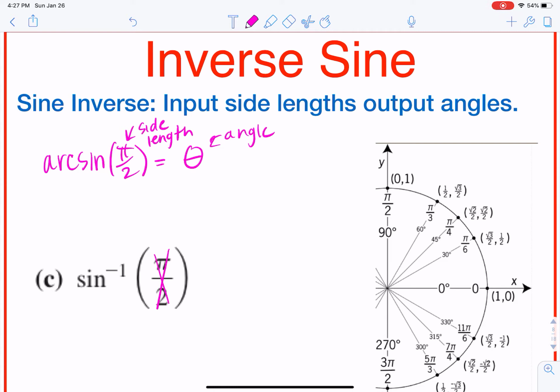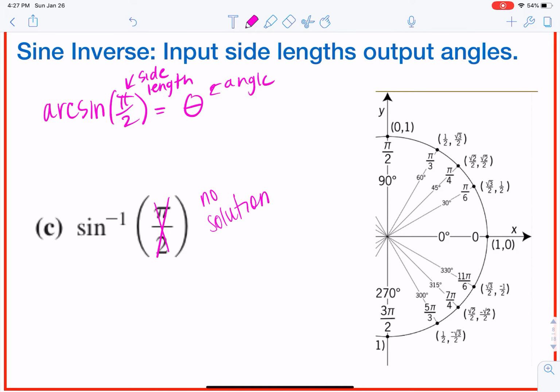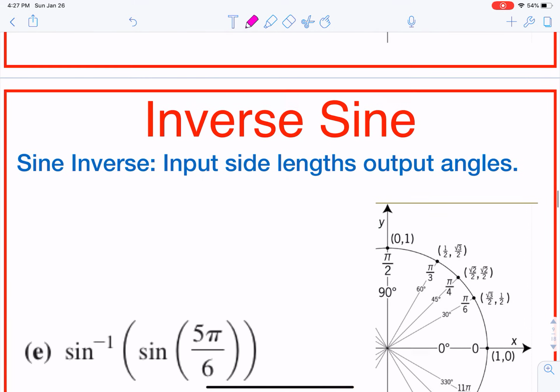So this is outside of the domain, and this does not have a solution in the inverse function. There's no solution here. I could evaluate sine of pi over 2, thinking about what my inputs and my outputs are, but I cannot input an angle into an inverse function. I can only input side lengths and output angles.